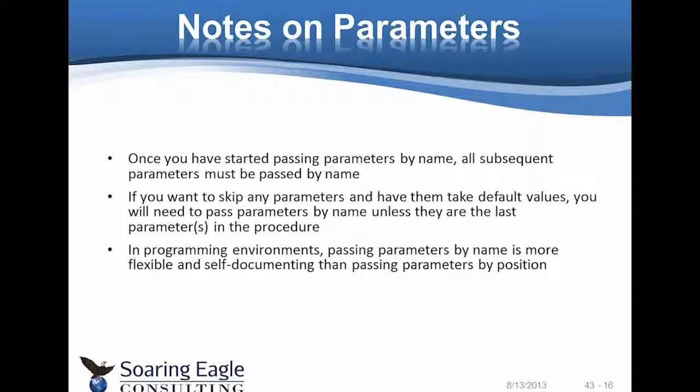Or is it more useful to look at somebody else's code and read, execute stored procedure 121, @use_flag equals 1, @edit_flag equals 2, @in_country_flag equals 3, etc. The second one allows you to have a much better handle on what the stored procedure is getting passed, and if you need to change some values, it makes it much easier to change those things. So marginally faster to pass it positionally, much better documentation to pass it by name.